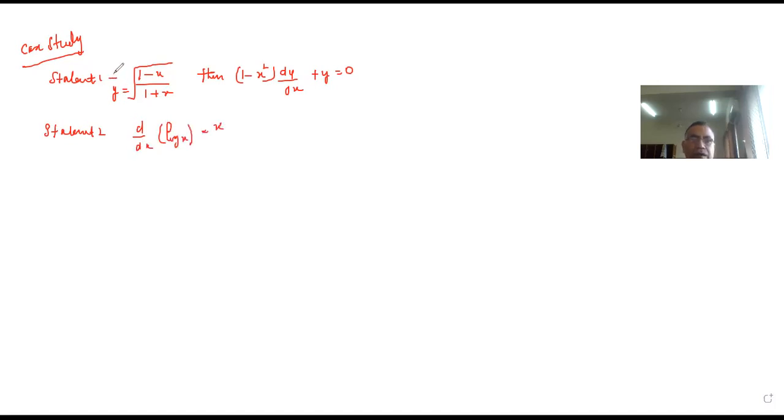Swati, Prachi, solve this. y is equal to this, then this is equal to this. Now solve it and see whether this is true or false. Because it is clear that if I solve statement 2, the derivative of log x is always 1 by x, but it is saying x. So statement 2 is false.